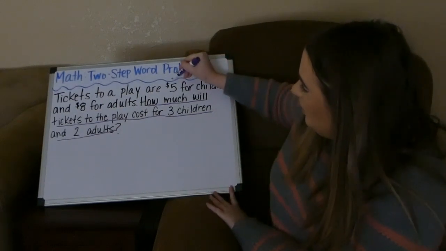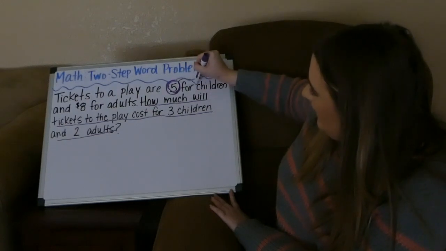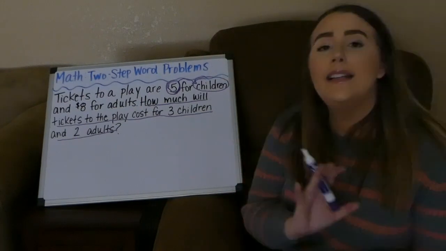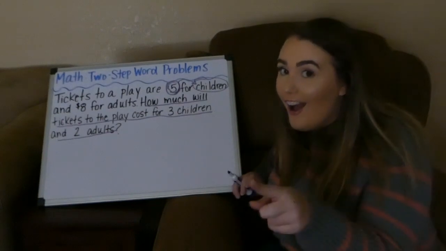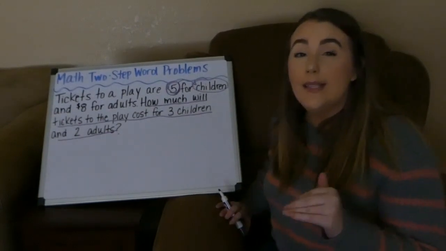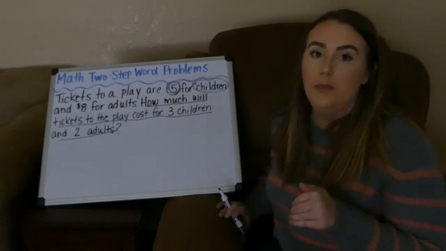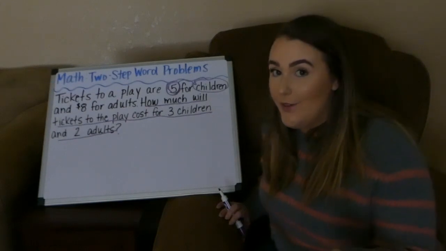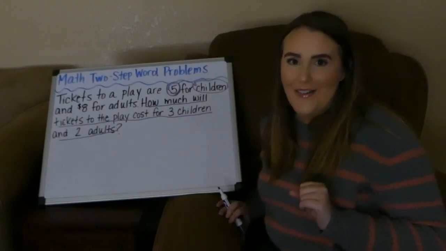So I'm going to circle this, and I'm going to draw an arrow here and circle children, because I need to remind myself that it's $5 for children, not $5 for an adult. What I could see easily happening is kids, when they're going to solve the problem, accidentally multiplying and thinking that a ticket price for an adult is $5. No, it's $5 for children, okay?